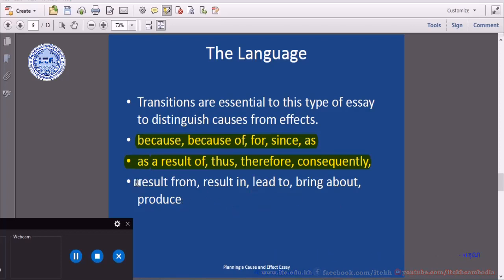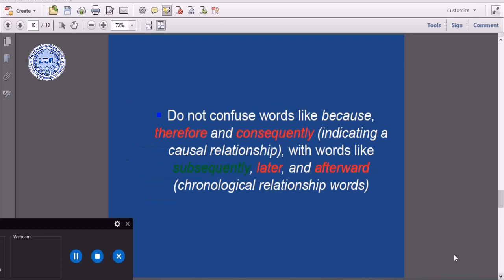These are the transitions that you can use. Here we go to the next one. Here, do not confuse words like because, therefore, and consequently, indicating a causal relationship. Actually, it's not a causal relationship. So don't confuse that. But for this one, consequently, later and afterward indicate a chronological relationship, right? So these are not causal relationships.